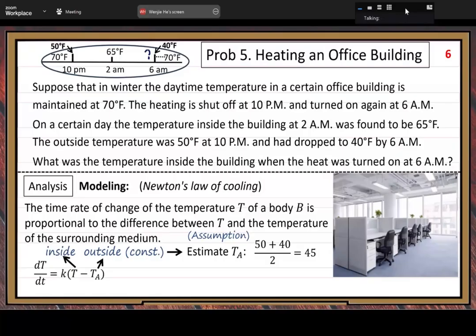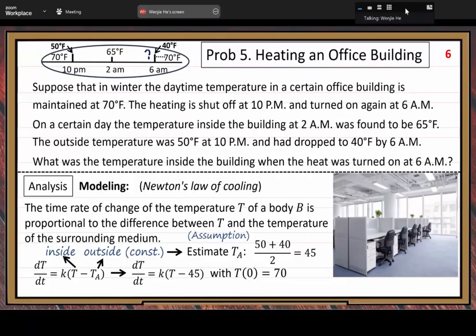Then you can write this explicit equation, and you know how to solve it, right? It's separable. You have the initial condition: T of 0 equals 70.